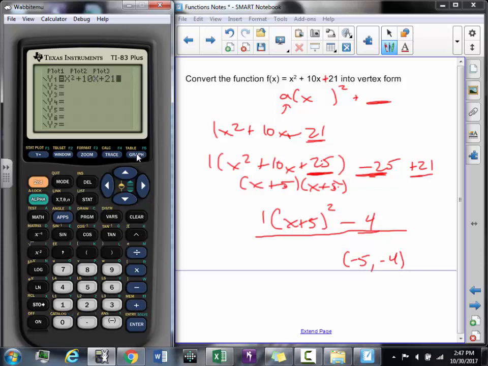I'm going to graph it. We believe the vertex should be at -5 and -4. So far, that's in the right quadrant at least, right? To confirm it on our graphing calculator, I would use minimum. There you go. -5 and -4.